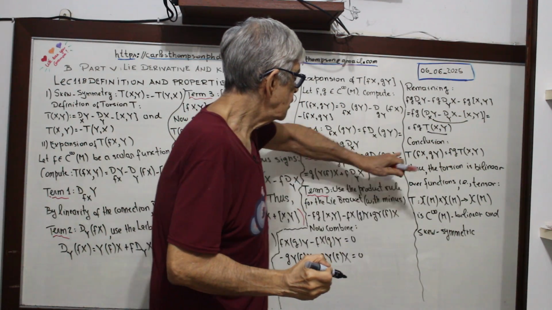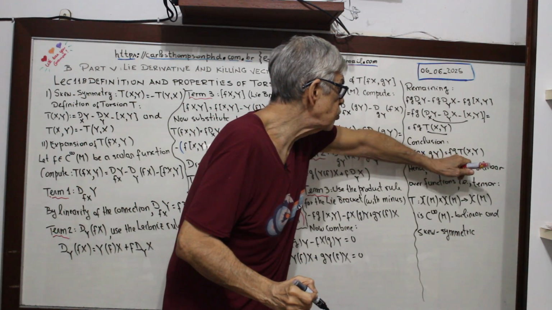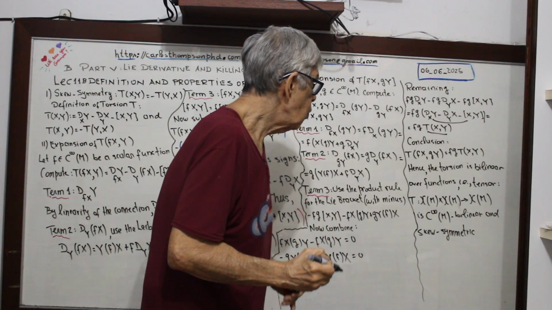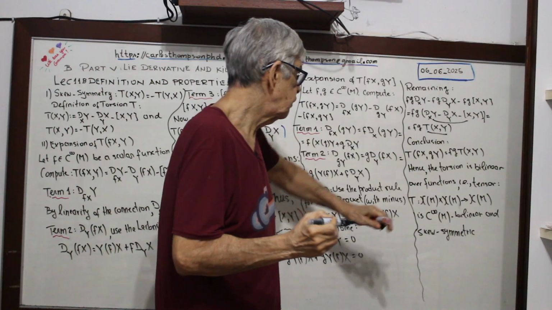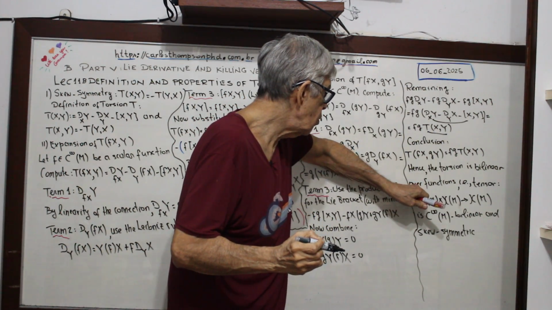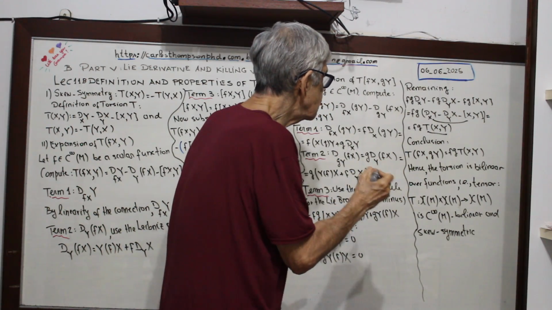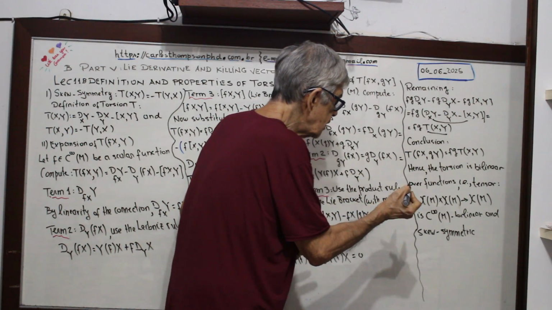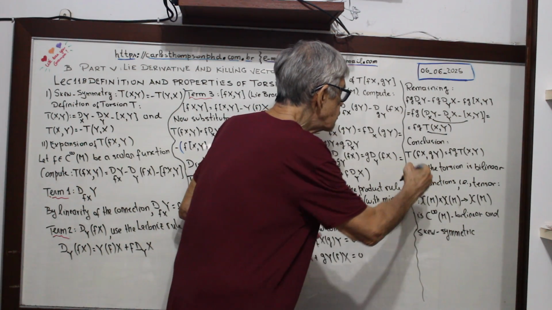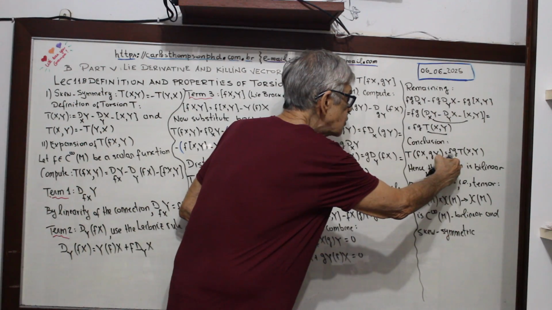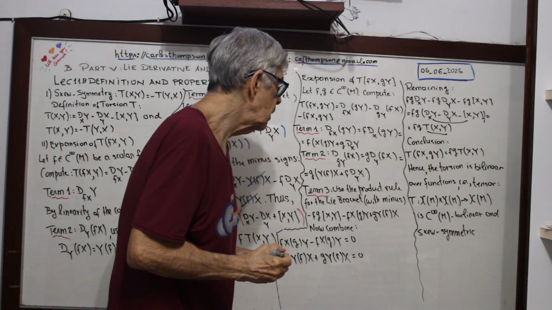Conclusion: T(fx, gy) is fg times the torsion of x and y. What does this mean? This means that the torsion is bilinear over functions. That is, I can write that the function fg is outside the torsion of x and y.